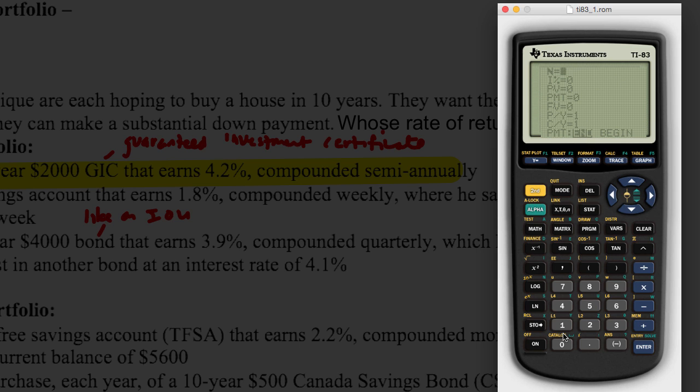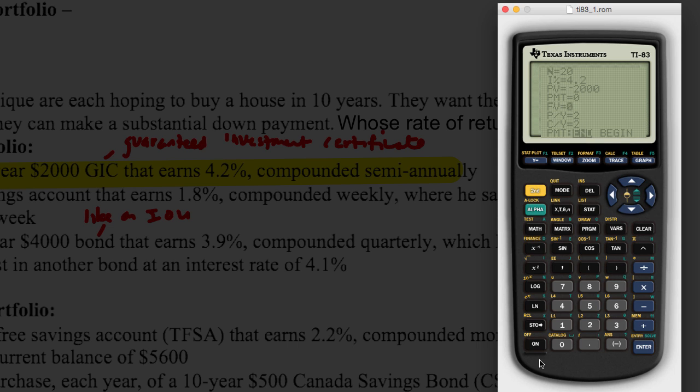And let's see, it's 10 years and it's compounded semi-annually, so that's 10 times 2 is 20 times it's compounded. The percentage is 4.2. The present value is 2,000. Remember, we have to put negative 2,000 because it's investment. The payment is 0. We're not making any payments, and it's compounded semi-annually, so that's 2 and 2.